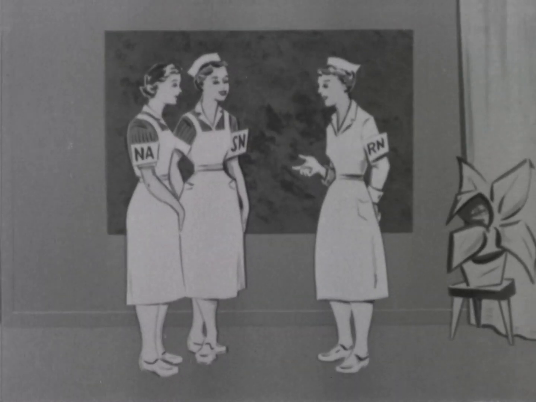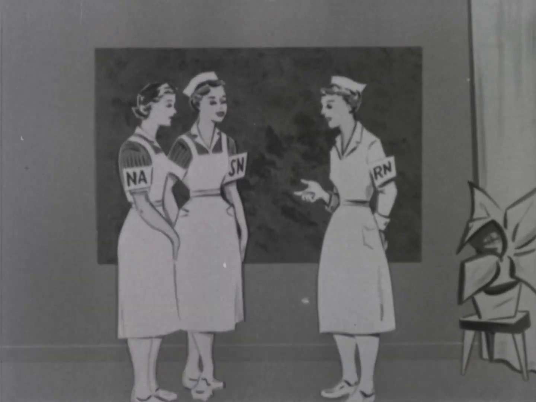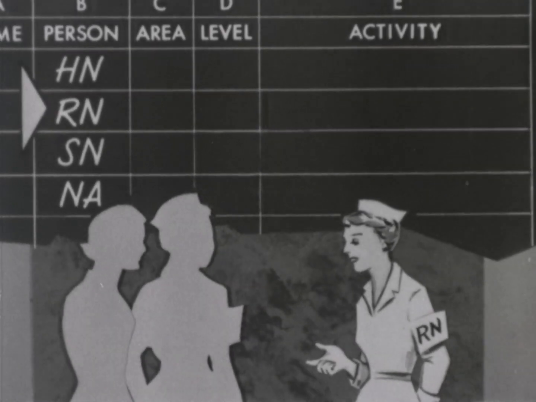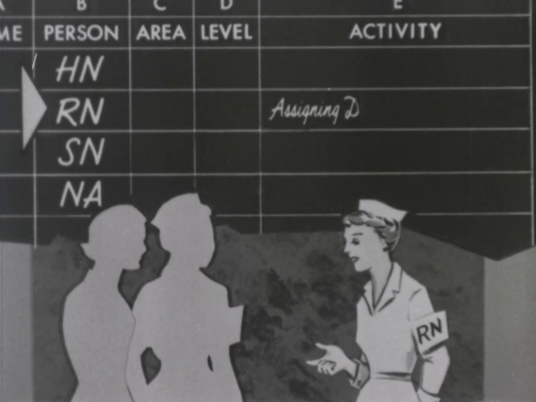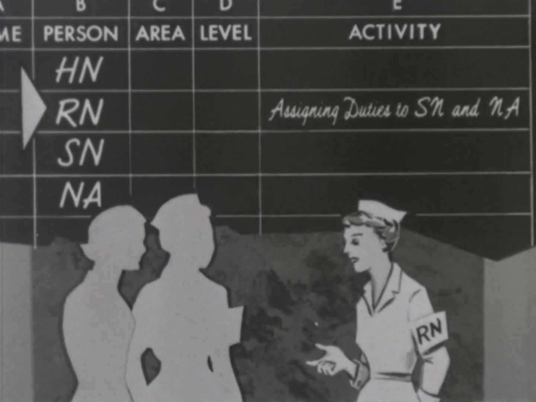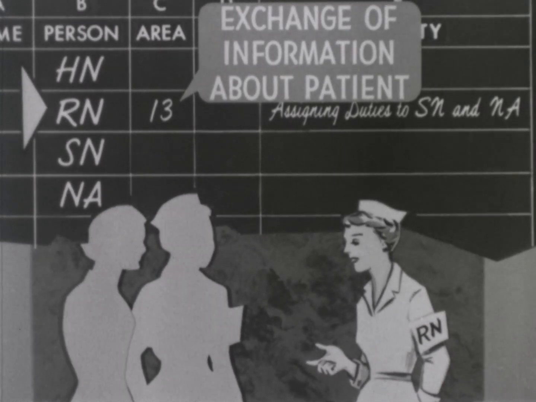Often several people are observed simultaneously. The observer records each individual's activity separately. Here, the RN is assigning duties to a student nurse and a nursing aide. The observer records the RN's activity as exchange of information about patient.